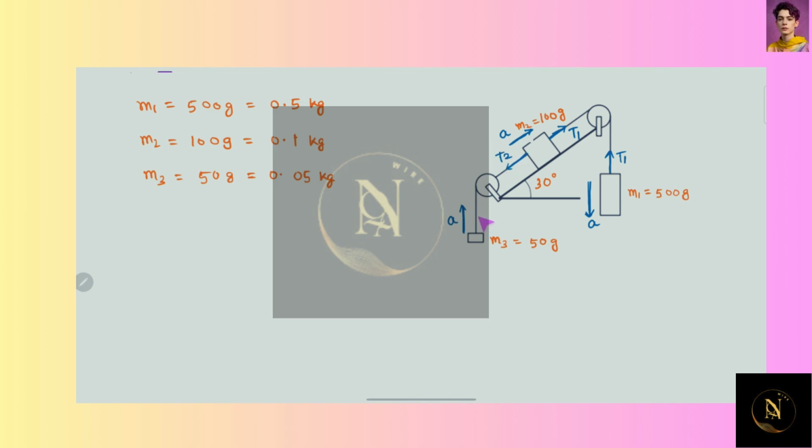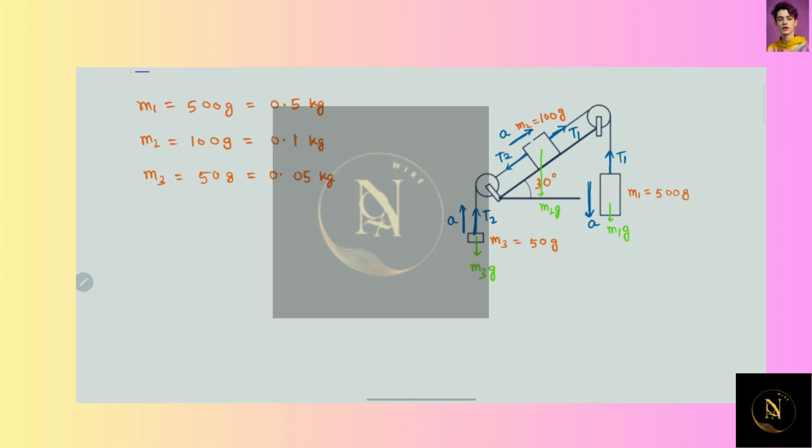And on the third block, the tension force will be acting in the opposite direction, again T2, as the string is the same. The weight of M1 will be acting downward, that is M1G. The weight of M2 will be acting vertically downward, that is M2G, and for M3 also its weight will be acting downward, that is M3G.